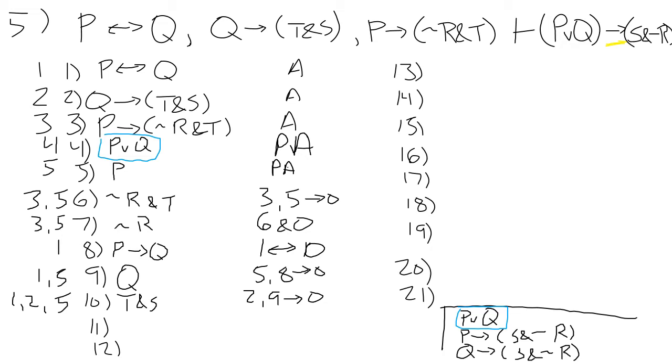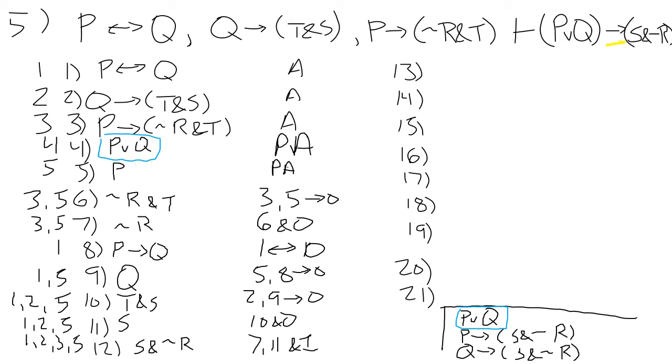Then we can get our S separated from that from 10 ampersand out. So 1, 2, and 5. Then we can put them both together, our S and not R, from 7 and 11 ampersand in. So that's going to be 1, 2, 3, and 5.